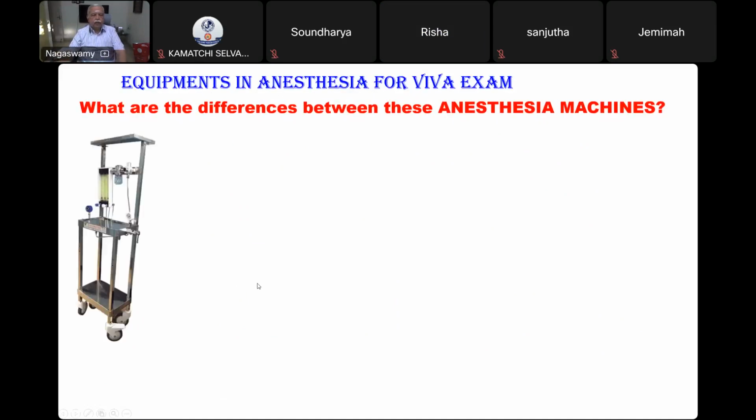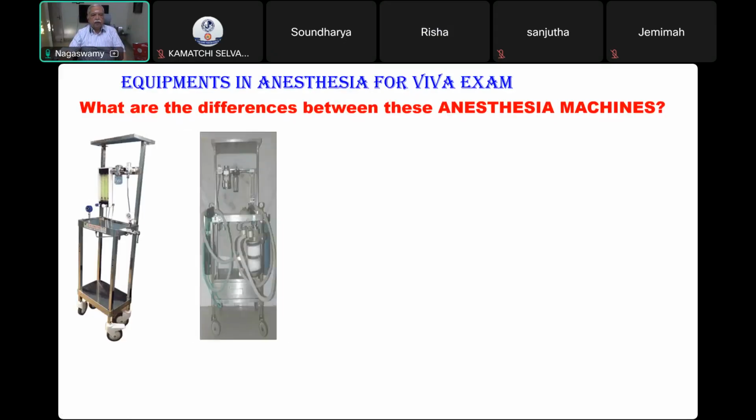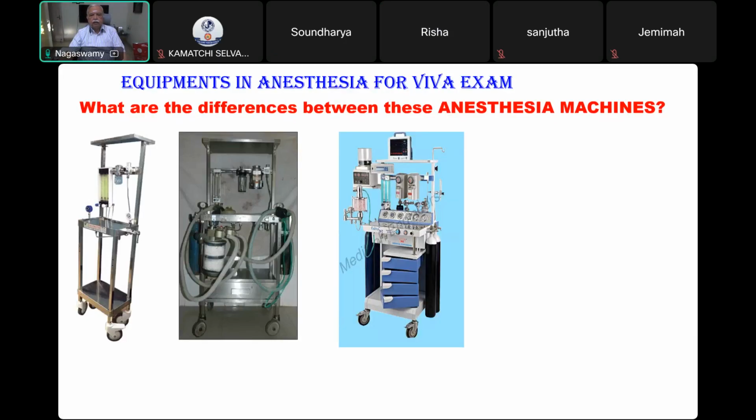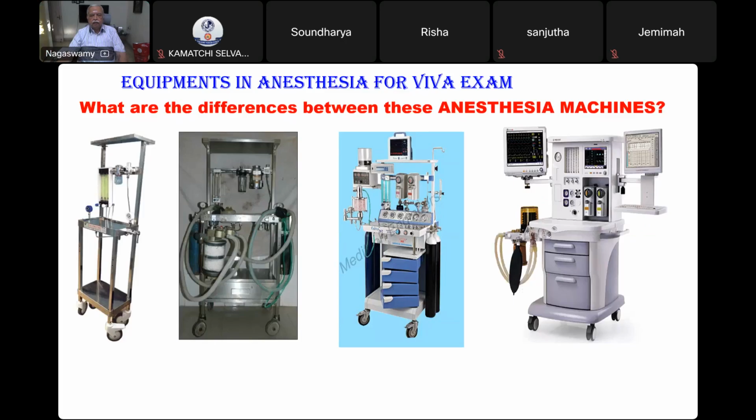I don't know how many of you had an opportunity to see this machine. It's one of the oldest anesthesia machines which was developed. Then that machine became like this, then it became like this. And you are all familiar with this because most of you are now dealing with very high and sophisticated machines.